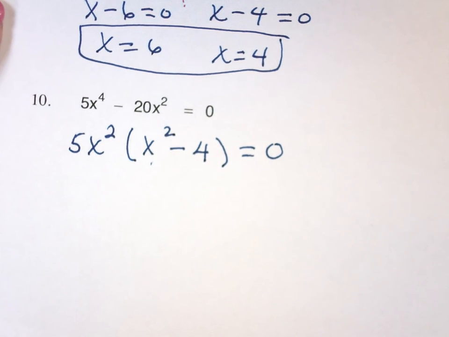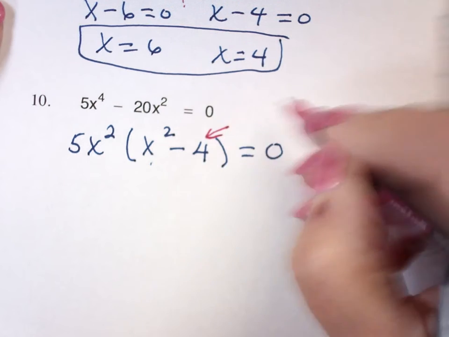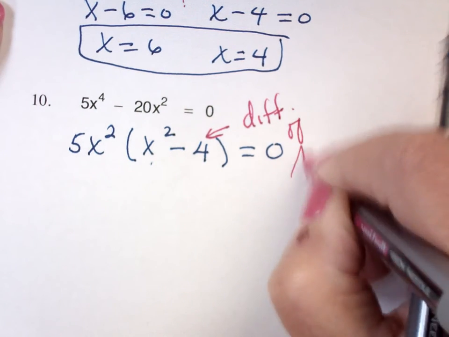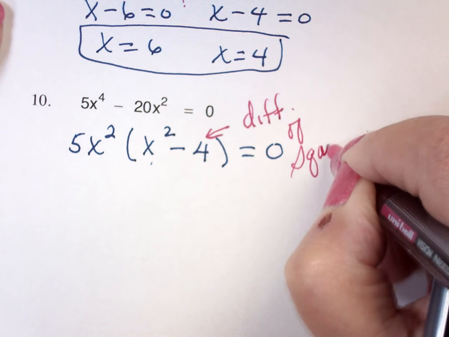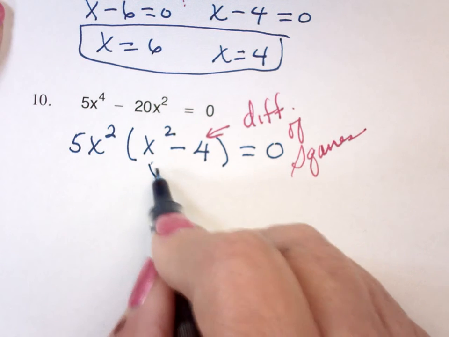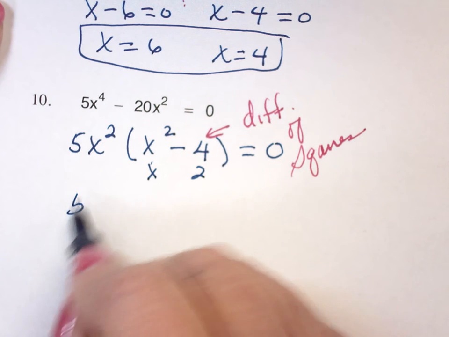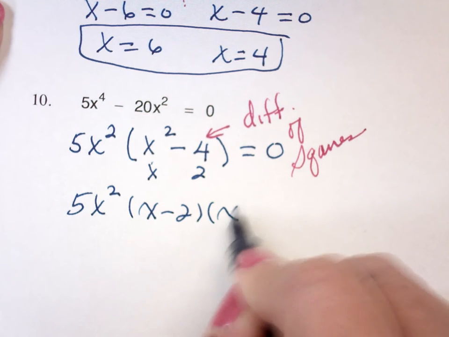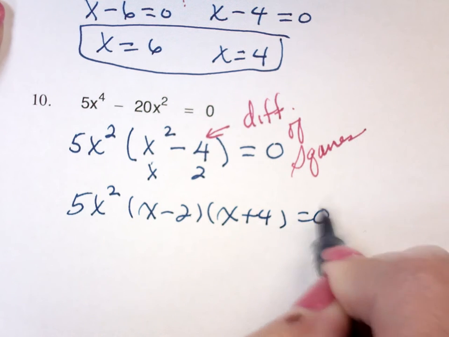No. What's this guy? Difference of squares. You're going to see that a lot. So this is x and 2. So this is 5x squared times x minus 2 times x plus 2 equals 0.